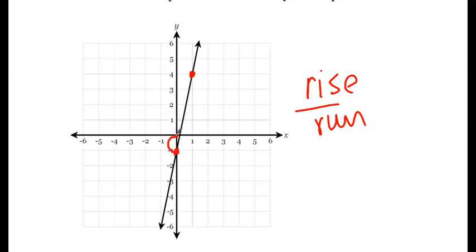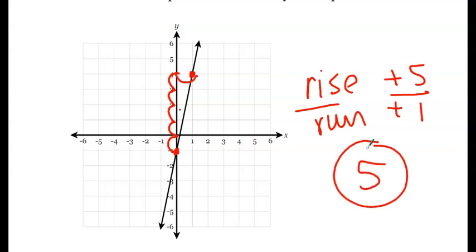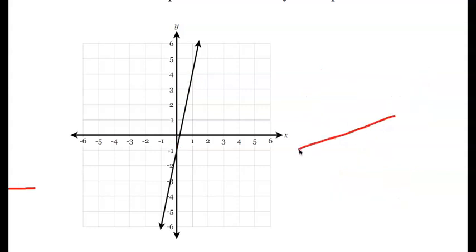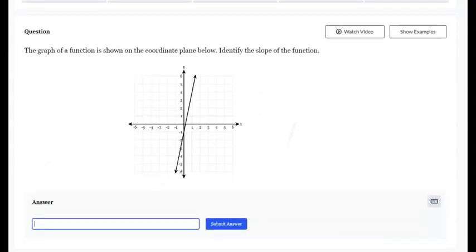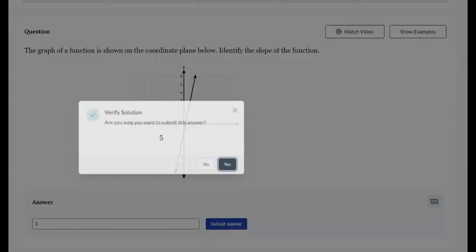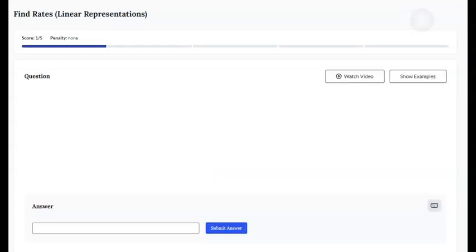So let's see, 1, 2, 3, 4, 5 up, that's positive 5, and 1 to the right, that's positive 1. So my rate is 5. If I reduce 5 over 1, I get 5. So I'm going to zoom back out, type my answer here, and try the next problem.